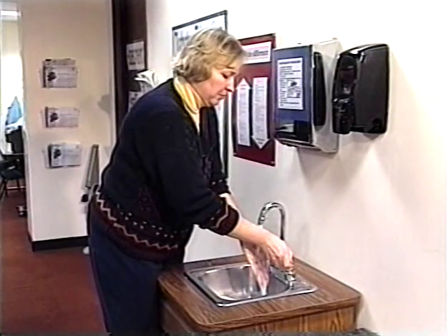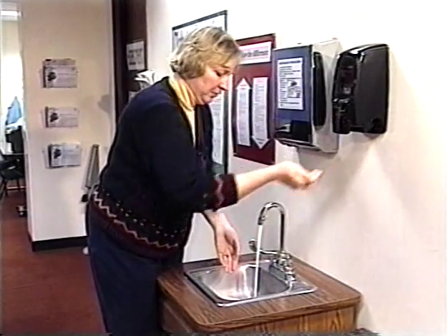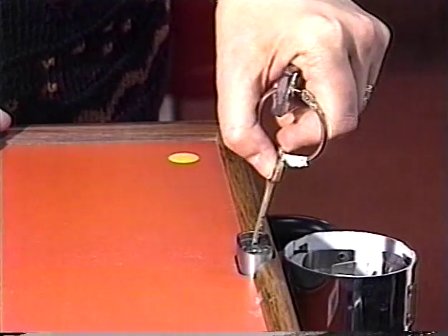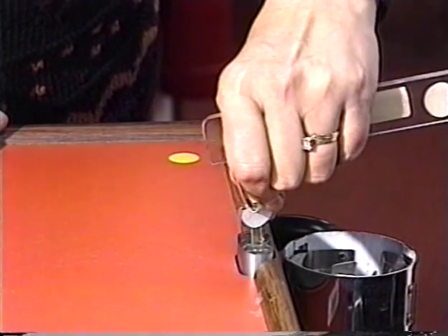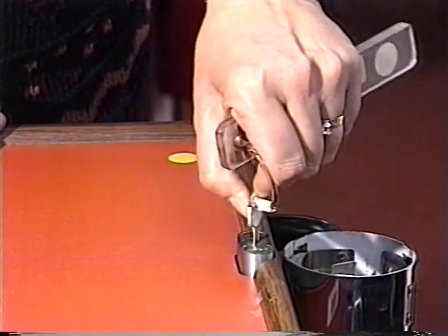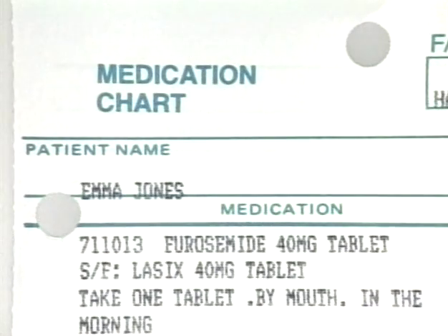Number 1, wash your hands for 20 seconds. Unlock the medication cabinet or cart. Prepare the medication drugs for 1 resident at a time, and only 1 resident. Identify the right resident's name on the drug administration record.